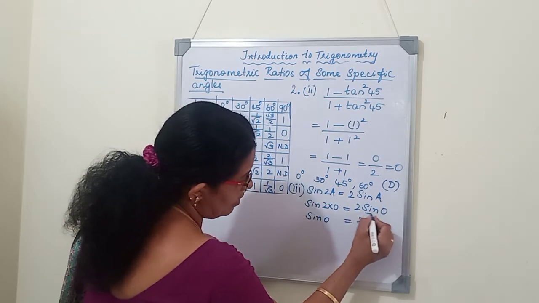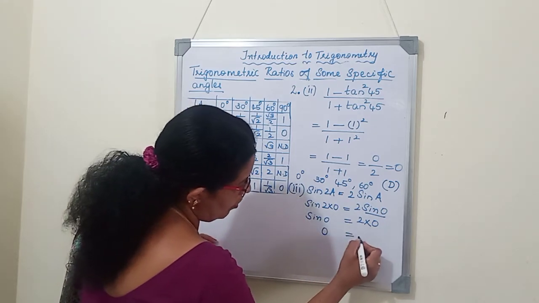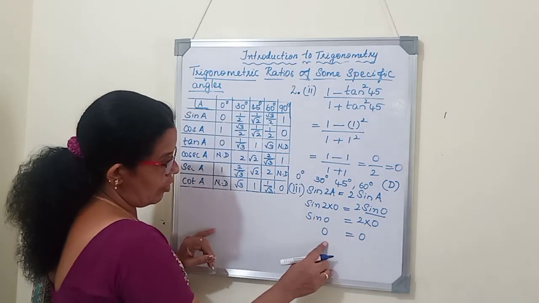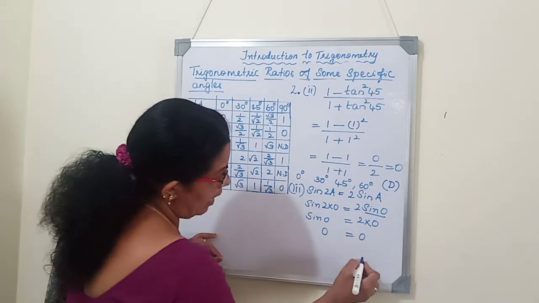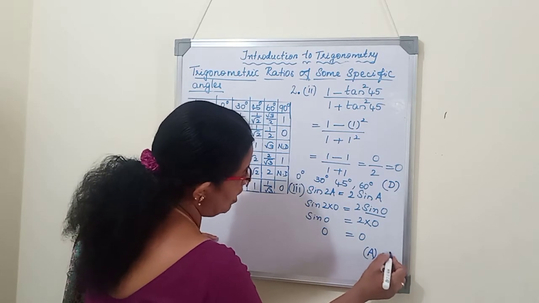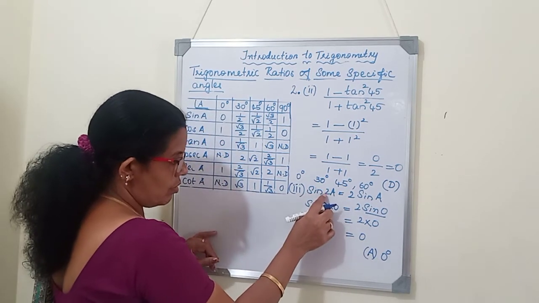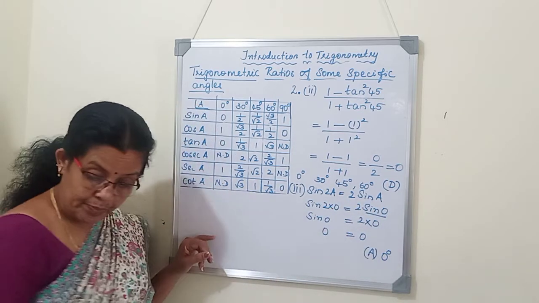So I will directly write sin 0 as 0. Again sin 0 is 0, 2 into 0 is 0. So 0 is equal to 0. LHS is equal to RHS. So which option is correct? Option A is correct. Option A, 0 degree, is correct. That is, sin 0 degree is equal to 2 sin 0 degree.